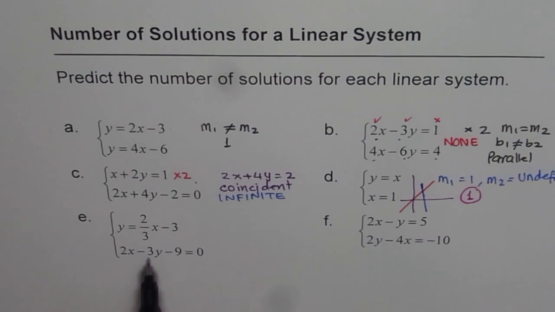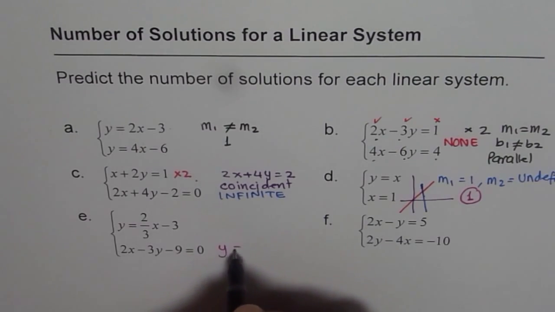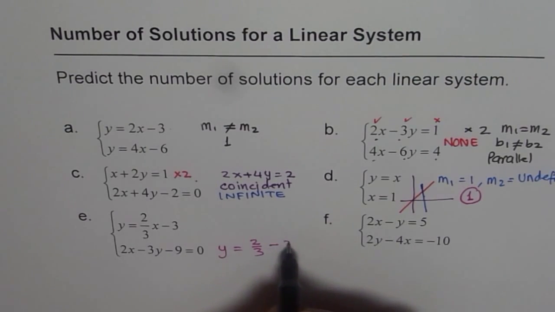Now let's look into the next one. y equals 2 over 3 x minus 3, and then we have 2x minus 3y minus 9. It's a good idea in this case to write it in slope and intercept form. Okay, so if I write this in slope and intercept form, what do I get? I will take 3y to the other side, and then we'll divide by 3. So we get 2 over 3 x and minus 3, correct?